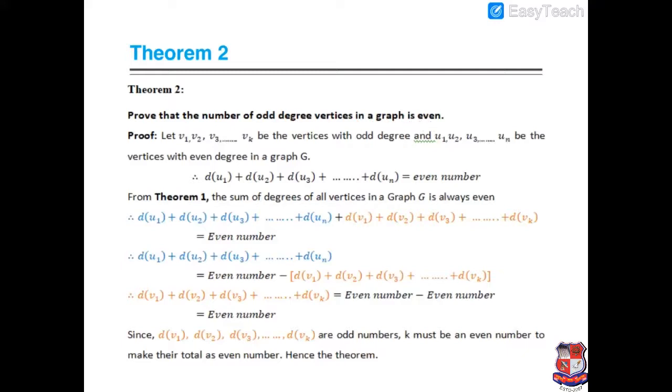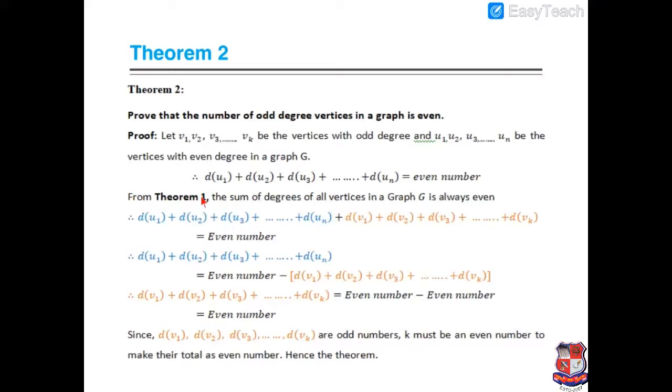So first we consider the vertices of a graph G. Let V1, V2, V3 up to Vk and U1, U2, U3 up to Un be all the vertices of graph G. Out of these we assume that V1, V2, V3 up to Vk are the vertices with odd degree and U1, U2, U3 up to Un are the vertices with even degree in graph G. As the degrees of U1, U2, U3 up to Un are even, their sum, degree of U1 plus degree of U2 plus degree of U3 up to plus degree of Un, is an even number, because the addition of even numbers is always an even number.